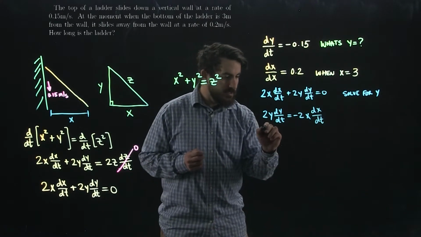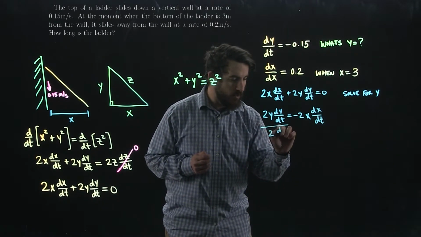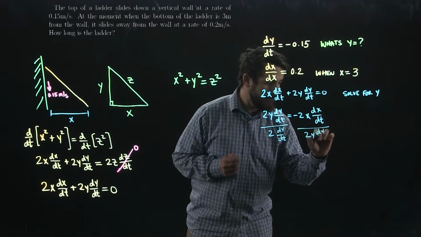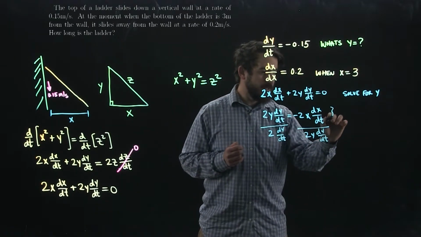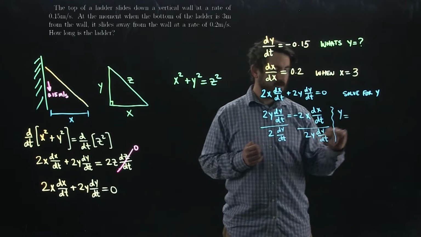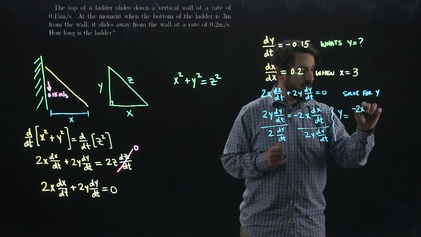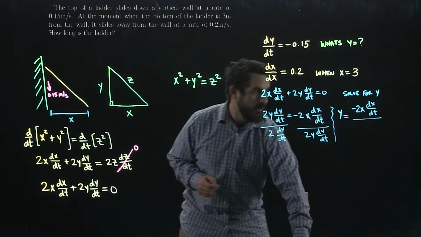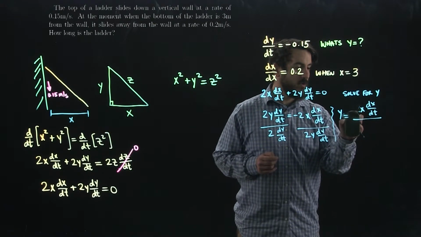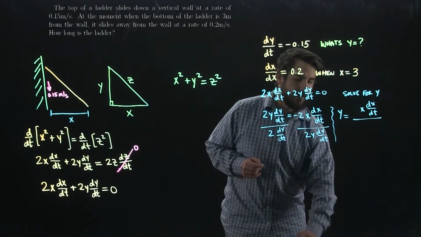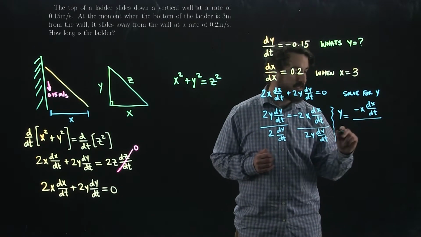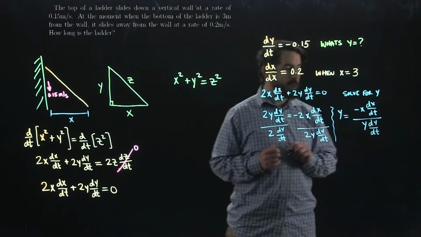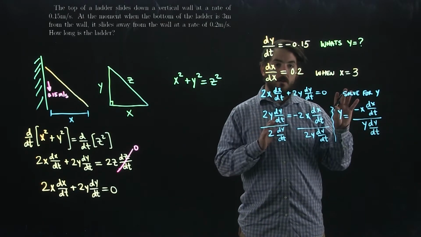I'm going to divide by 2 dy/dt on both sides. And I ultimately get y equals negative 2x dx/dt, oh sorry, I don't want my 2's anymore, because the 2's will cancel. So that's going to be y equals negative x dx/dt divided by dy/dt. And so that is my y.